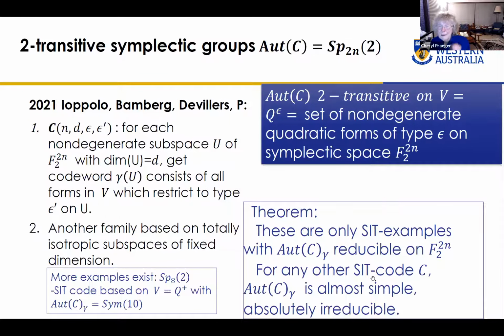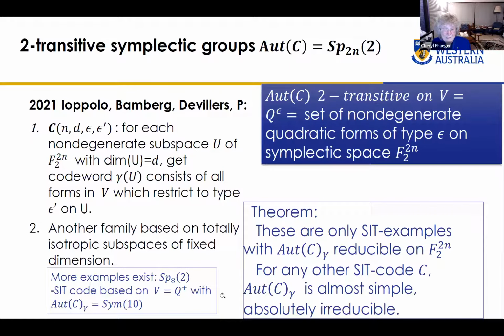Well, there are others. If there are other SIT codes, then this stabilizer of a code word is almost simple and absolutely irreducible. And for those of you familiar with Aschbacher's classification of subgroups of symplectic groups, it's a C9 subgroup. We don't know what all these are.